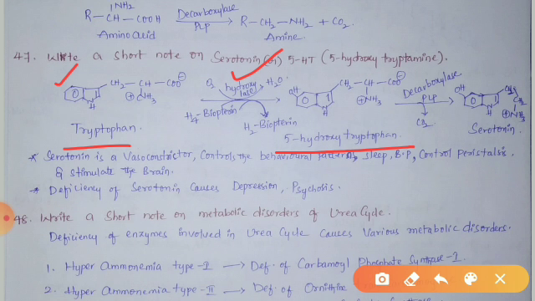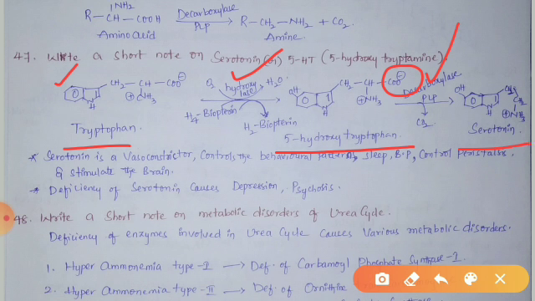Then upon decarboxylation with the help of decarboxylase enzyme, carbon dioxide is removed from 5-hydroxytryptophan, and it is converted into 5-hydroxytryptamine, which is also known as serotonin.